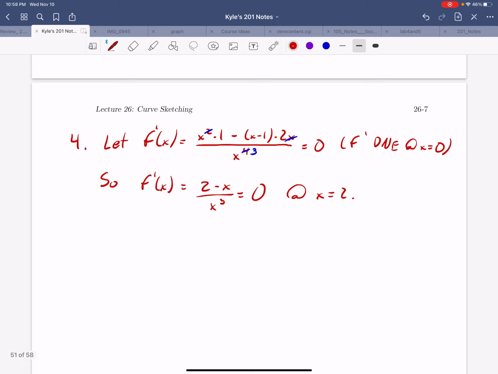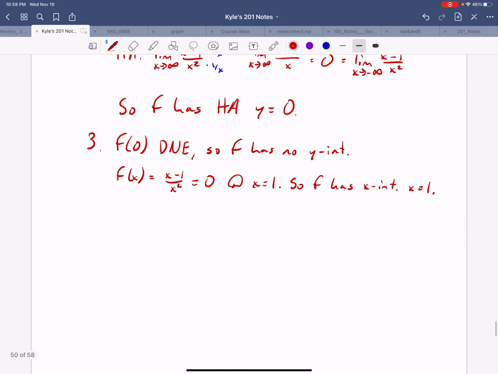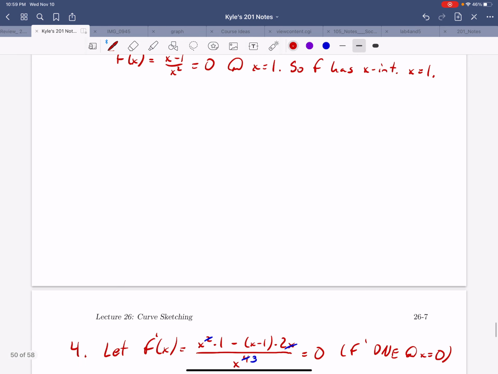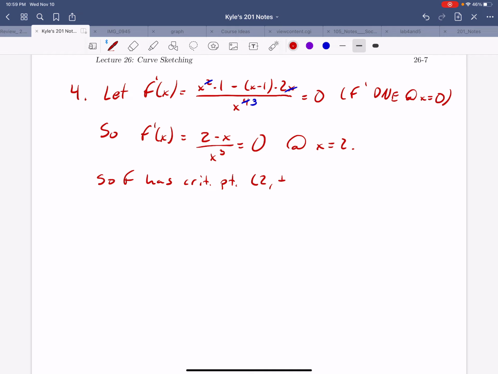All right, so f has critical point 2 comma f of 2, which is 1/4. That was f of 2, just to be crystal clear how I got that. So 2 comma f of 2, which is 2 comma 1/4.